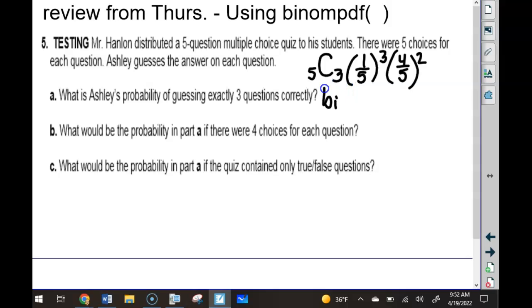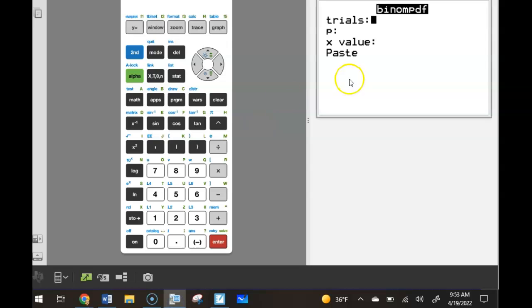We used binom PDF. And then it was number of trials. Anybody? How many trials do we have going on here? 5 questions. Probability of success, 1 is right out of the 5 choices. And she wants to get exactly 3 right. Okay. So if we go to that binom PDF, again, it was second vars key, and scroll up or down until you find binom PDF. 5 questions.